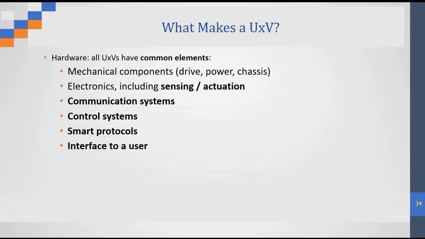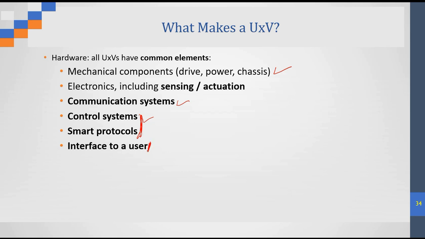So the components of these vehicles, as we say, include the hardware components, some electronics, and also a communication system. Maybe there are some parts that are sensors. We have a control system also, maybe part of these protocols, smart protocol. Actually, this is just the elements of these vehicles.